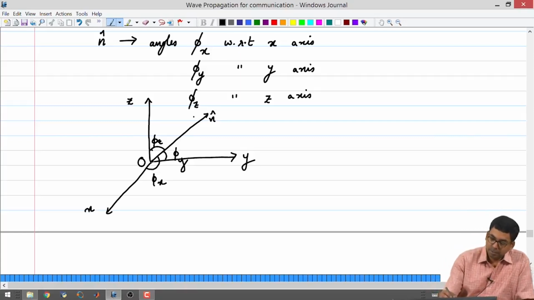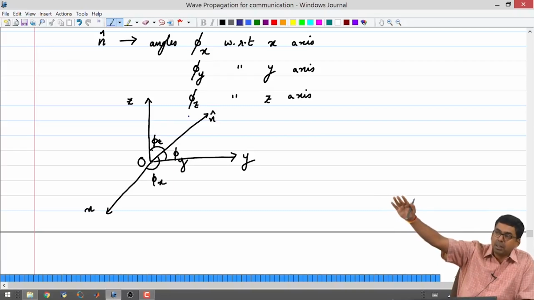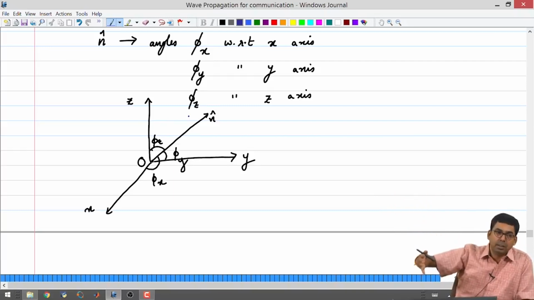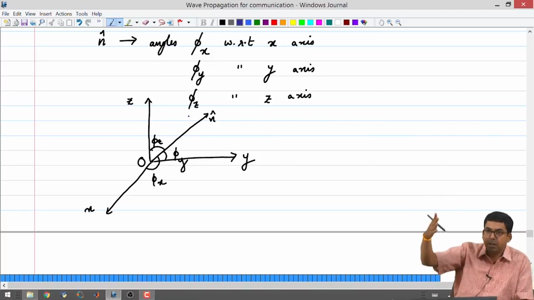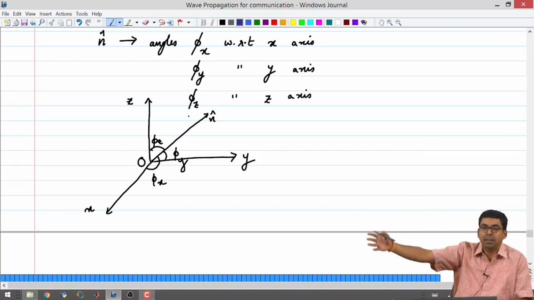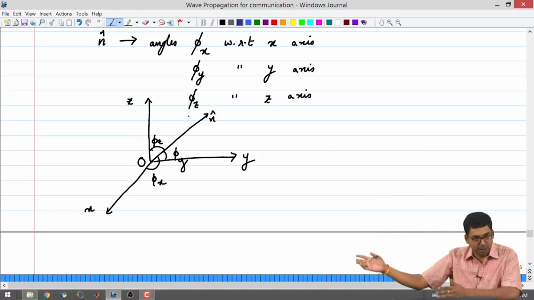Now, we can also be a little bit more clear about what is happening here. We can always draw a plane of constant phase. This is a plane wave, it is traveling in a direction. The plane perpendicular to it is a constant phase plane. All the electric field on it has the same phase. Only when it moves to another place at another instant of time, the phase has changed.